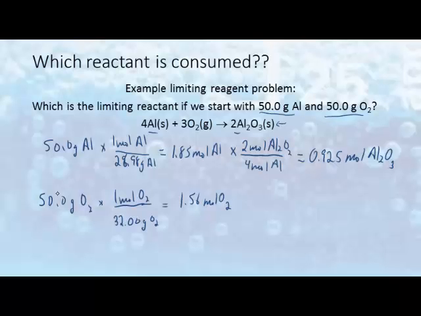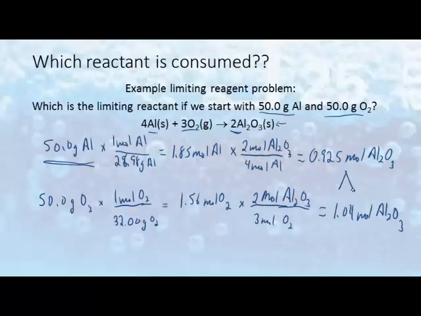If we do the same calculation using the amount of oxygen we have, notice the ratio is 3 oxygens to make 2 aluminum oxides. So it's 2 moles of aluminum oxide over 3 moles of oxygen, O2, that makes 1.04 moles of aluminum oxide. Because the 50 grams of aluminum makes less aluminum oxide than the 50 grams of oxygen, the aluminum is the limiting reactant. It can make less product, so therefore it's the limiting reactant.